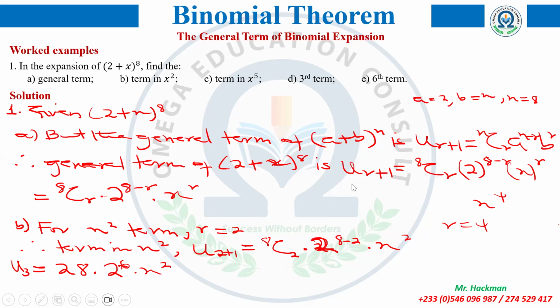If I want the third term, my sub here should give me 3, because the third term is represented by u sub 3. And under what situation will my sub here be 3? It's only when r is equal to 2. You can equally get that by writing r plus 1 is equal to 3 and solving for r, which gives r is equal to 2.